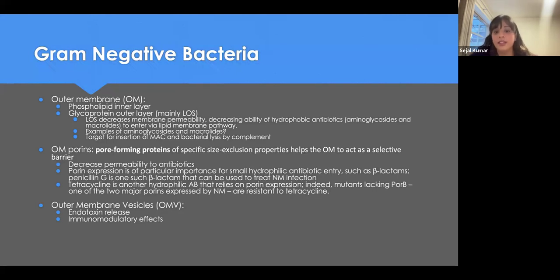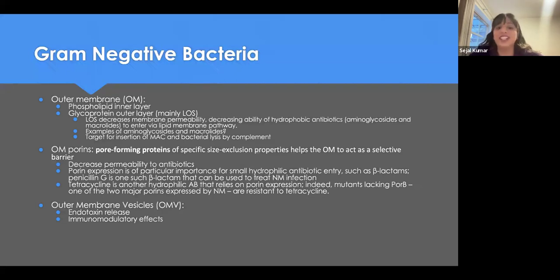And this is really important because hydrophobic antibiotics' ability to enter through the outer membrane is decreased because of lipooligosaccharide, but pores are important for hydrophilic antibiotics, and so they can enter through. I've confused myself.